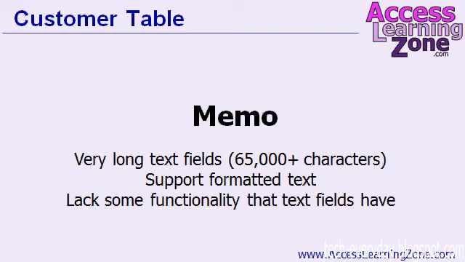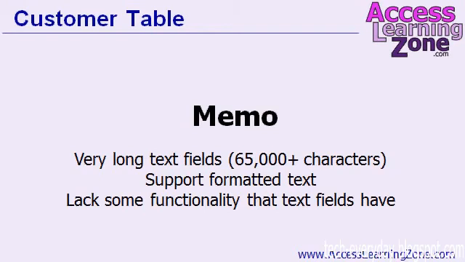The next data type is a memo field. Memo fields are essentially very long text fields. Where text fields can only store 255 characters of data, a memo field can store over 65,000 characters of data. Memo fields also support formatted text. So if you want to bold or italicize some text, or maybe change the text color, you can use a memo field for that.